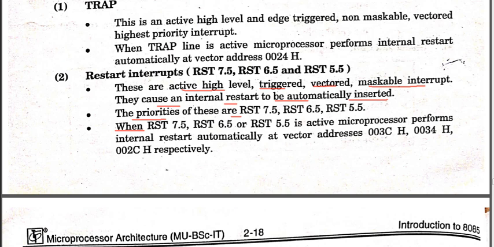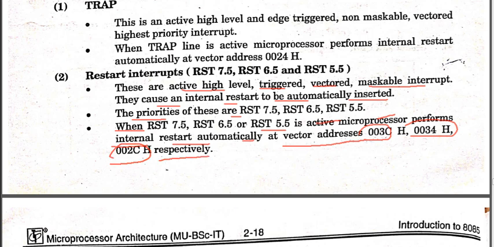So for RST 7.5, 6.5 and 5.5, the microprocessor performs the internal restart automatically at the vector addresses 003CH, 0034H and 002CH respectively.